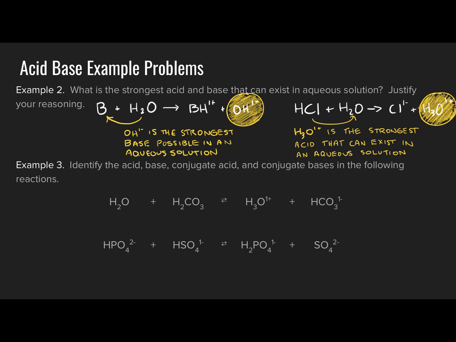In the first reaction, we have water reacting with H2CO3, forming H3O positive and HCO3 negative. Let's take a look first at that forward reaction. In the forward direction, the species H2CO3 on the left side of the reaction has 2 hydrogens.